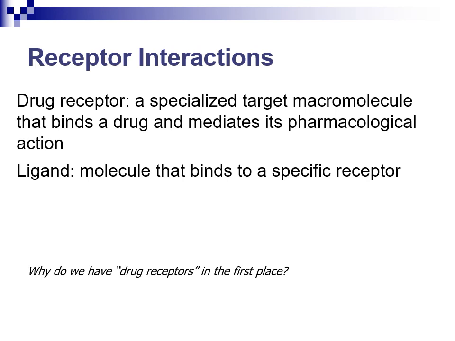Now I have this question here, which if we were in class, I would ask you students, but it's very important to understand this. Why do we even have drug receptors?